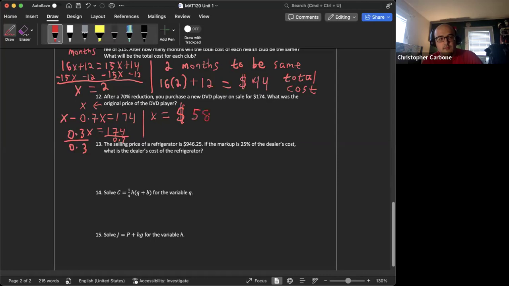Number 13. The selling price of a refrigerator is $946.25. If the markup is 25% of the dealer's cost, we want the dealer's cost of the refrigerator. So this dealer's cost is going to be a variable x. It takes the dealer's cost and marks it up, so it adds 25% of its value.